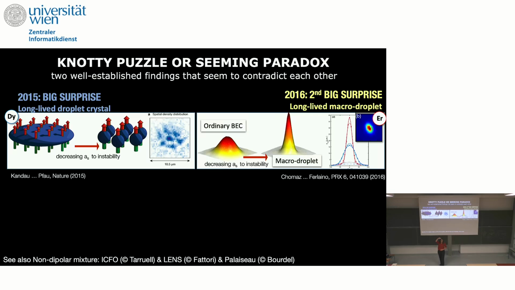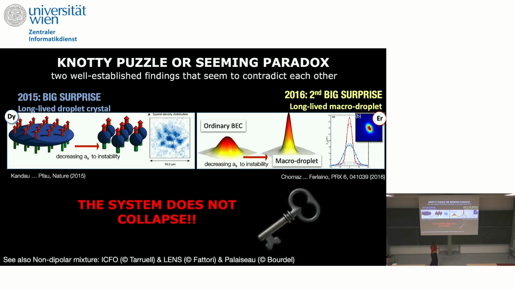It was stable, at very high density, and the density was not further increasing. So we apparently entered a new type of ground state with much, much higher density than what you would predict via the Gross-Pitaevskii equation. And that really was a big surprise.